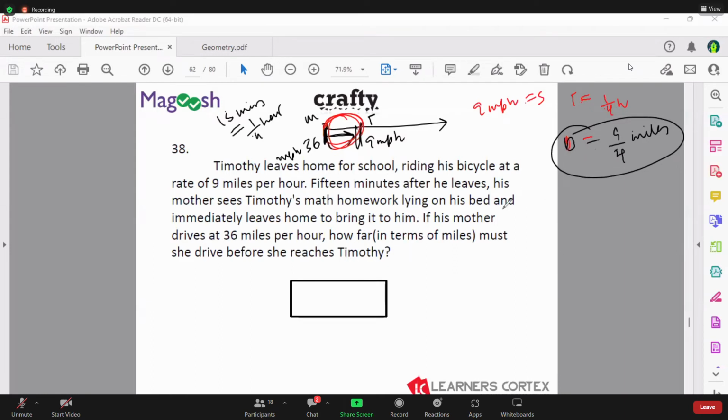Now, this is a question where rate of time or rate of distance is involved. When two vehicles are traveling in the same direction, towards one particular point, and considering that the speed of A is greater than the speed of B, because only then will A be able to catch B, right?